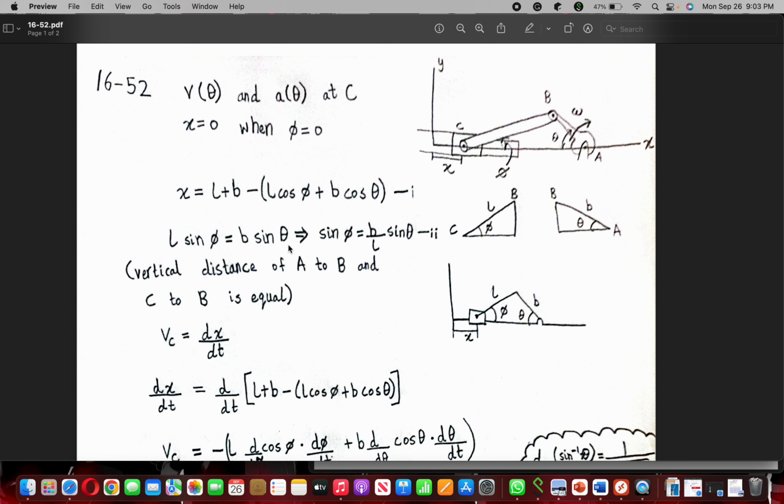So the perpendicular distance for both the triangles we have made will always be the same whatever the angle is, it doesn't matter. So that's why they both will be equal.